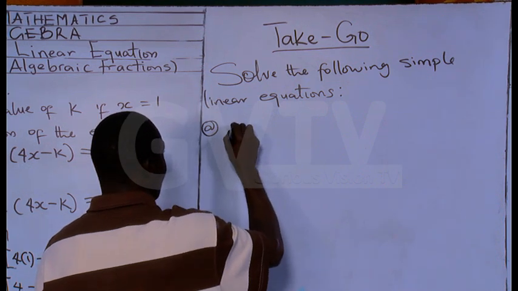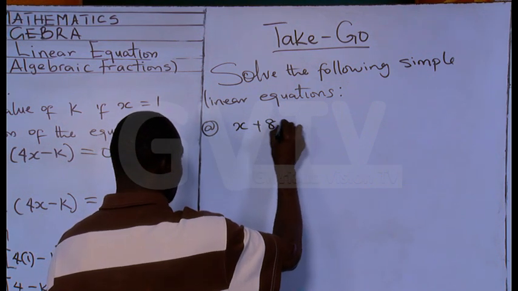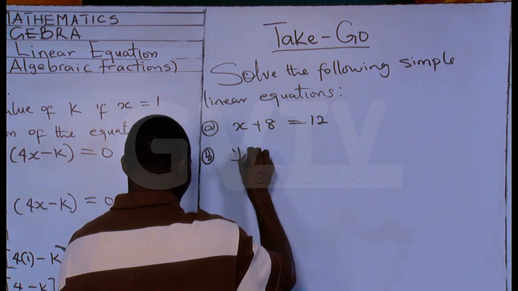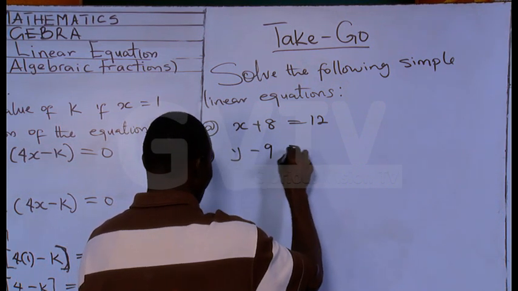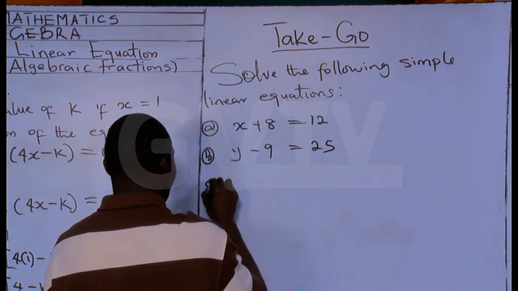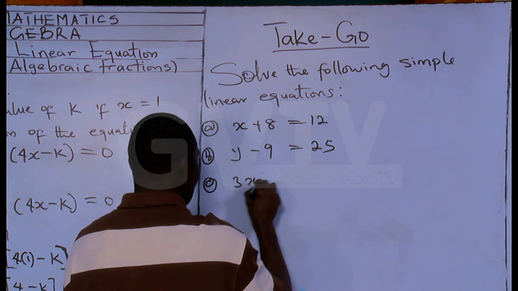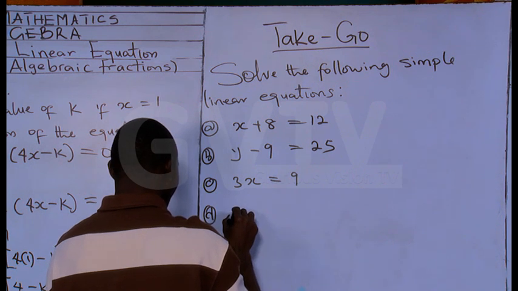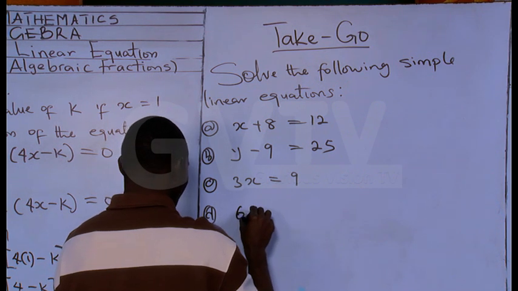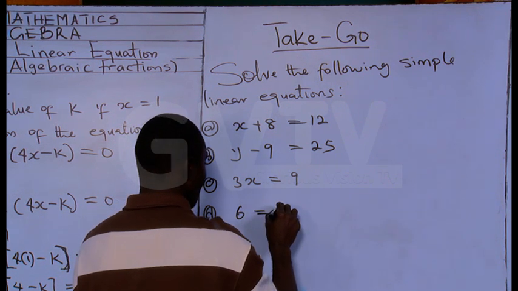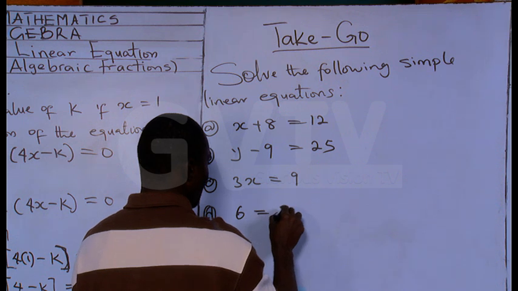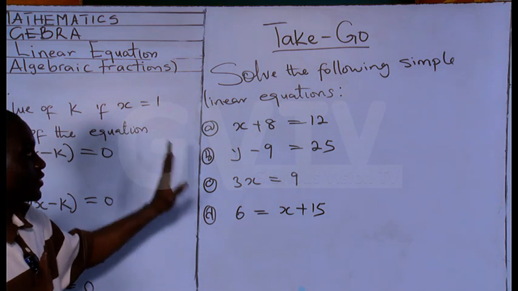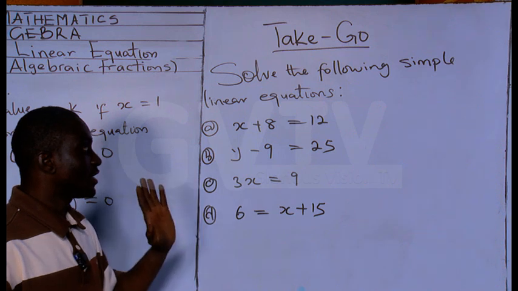A, x plus 8 equals 12. B, y minus 9 equals 25. C, 3x equals 9. D, 6 equals x plus 15. Okay, go and solve these following equations.